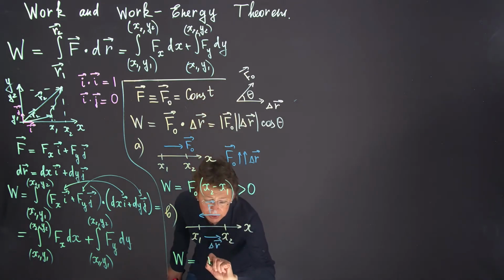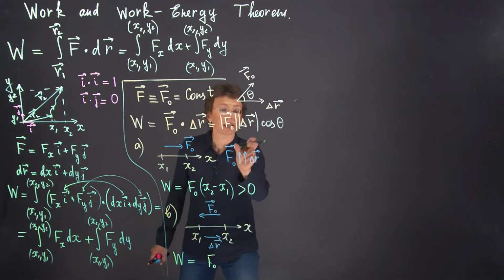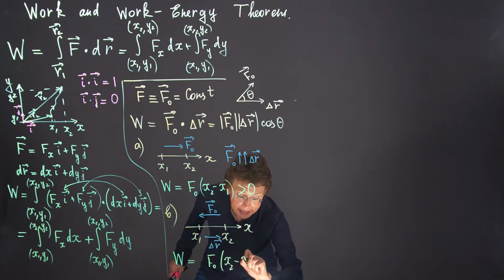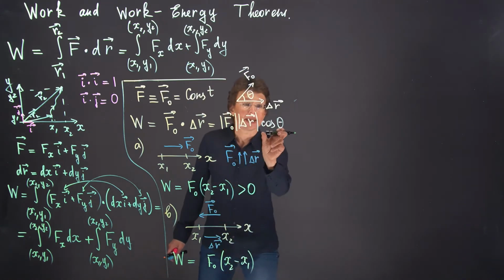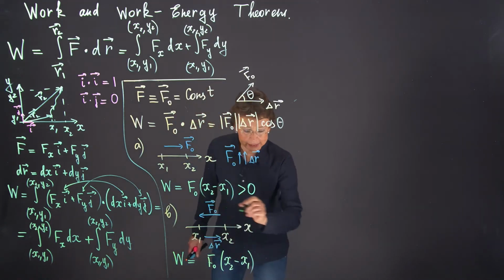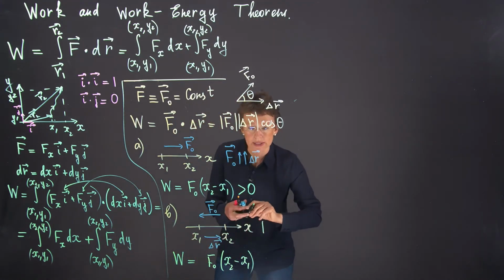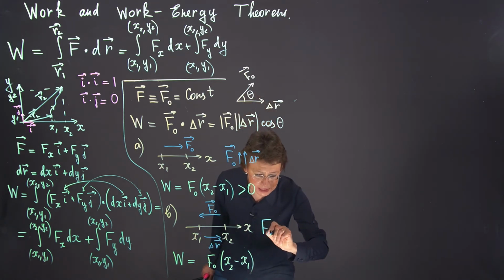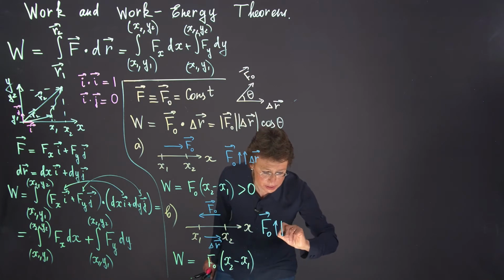Magnitude of F naught. Magnitude of delta r, x2 minus x1, the displacement. And then cosine of angle. These two vectors are anti-parallel. Force is in the opposite direction to the displacement.